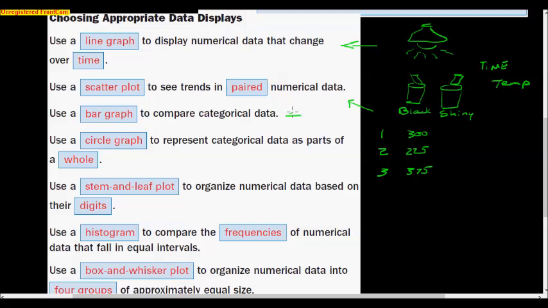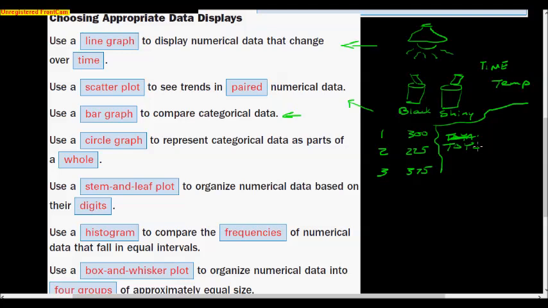You could use a bar graph. All right, a lot of times with bar graphs, see how it says compare with categorical data. That is used for something where maybe I don't have some numerical data in one of my sets. Okay, an example of that, maybe you're watching cars go by and you're working for a company that is taking a survey on what kind of cars are around this area, and you have maybe Toyota, and I cannot spell Toyota.